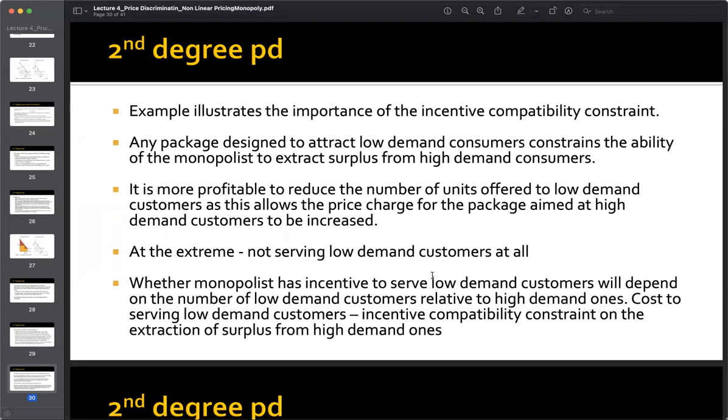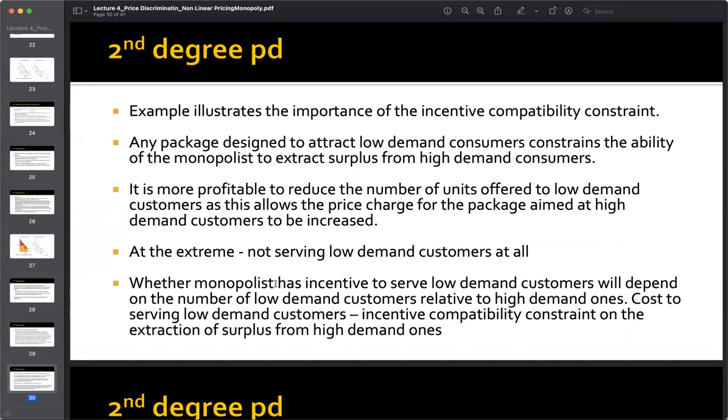And if you find that decreasing quantities for the low tends to benefit you more because it allows you to extract more money from the high, then there's a possibility that not serving low demand customers is in fact the optimal set of packages for the monopolist.